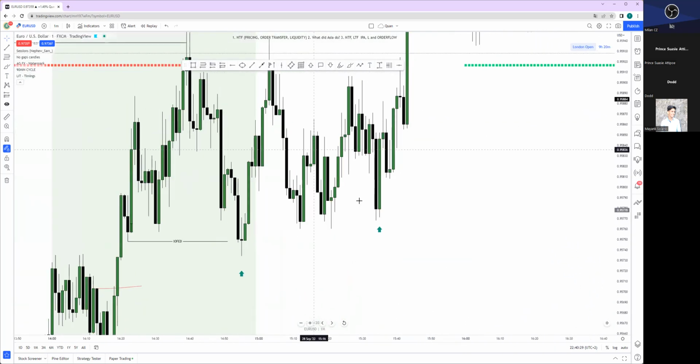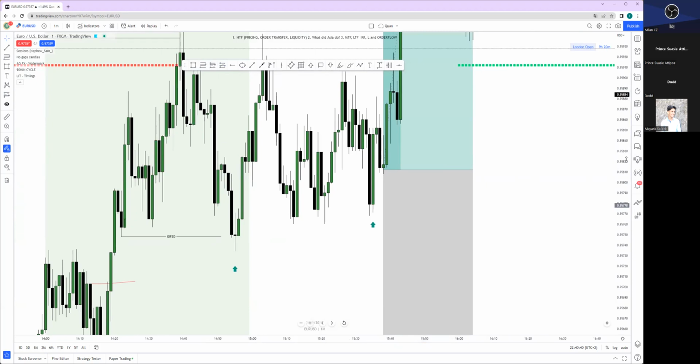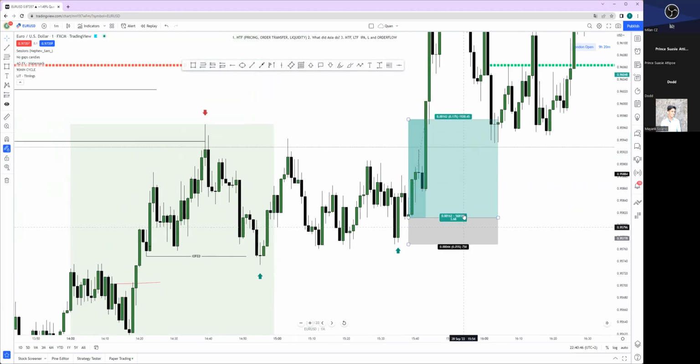If you have an engulfing candle or a huge bullish candle like this, you can take 50% of it and trade from it. So this was my second entry. My stop loss was somewhere here on the seconds, but if you don't have seconds, just put it below this. It's completely fine.